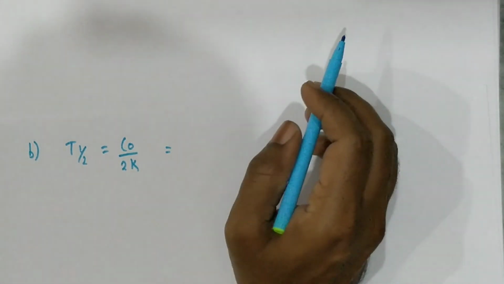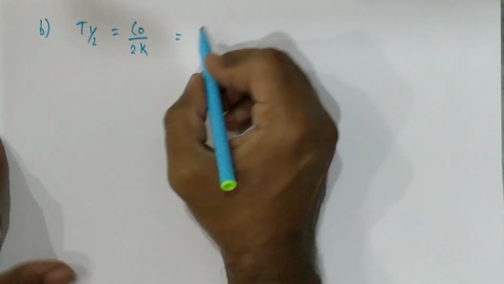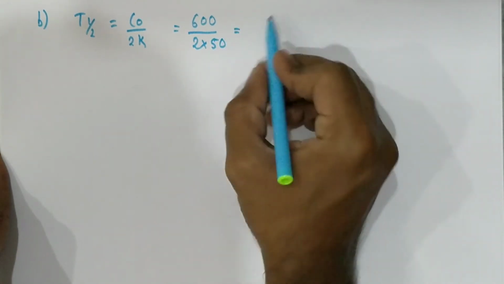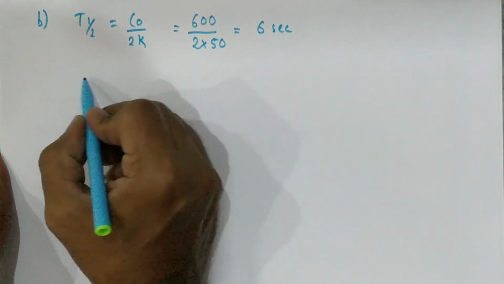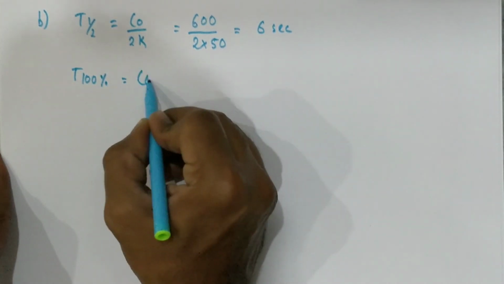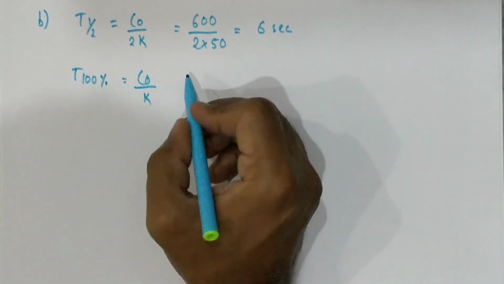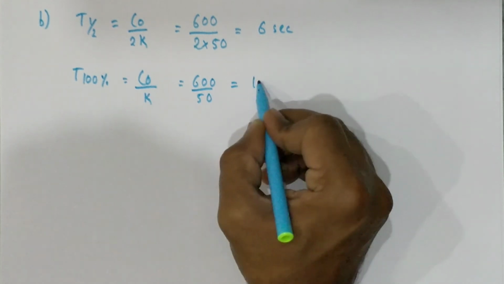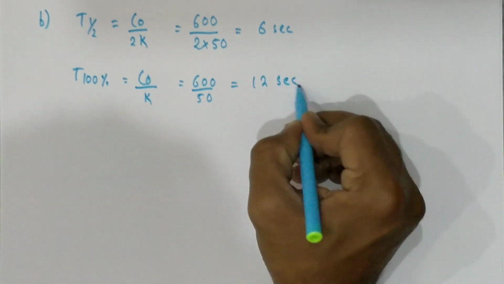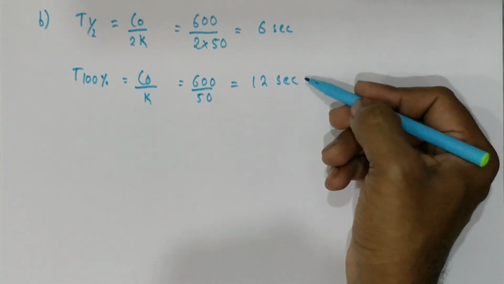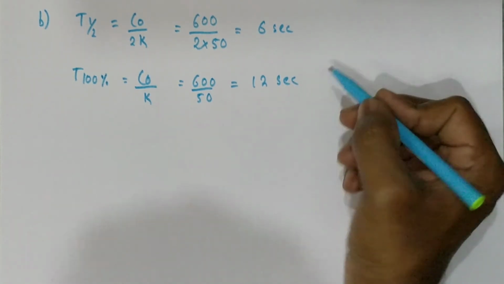So we can write it as C naught, that is 600 upon 2 into 50, that is equal to 6 seconds. If the question was find the T 100%, we can write C naught upon K. That would have been 600 upon 50, that is equal to 12 seconds. So the half-life of the reaction is 6 seconds and 100% completion of the reaction will be 12 seconds.